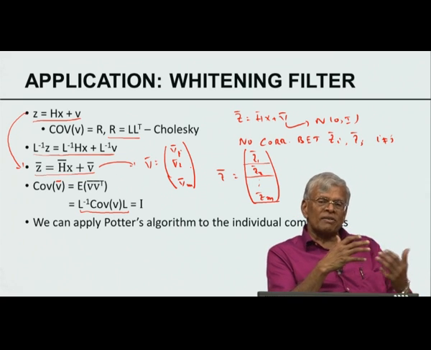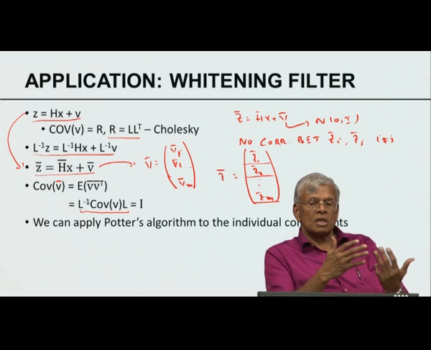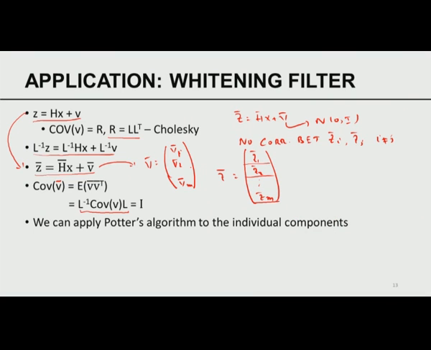Now we have talked about several different types of transformation in this lecture: square root transformation of matrices, QR decomposition to be able to reduce or compress in a lossless way the resulting square roots. And here we are also talking about Potter's algorithm and how to apply it component wise by doing what is called a whitening transformation or a whitening filter.